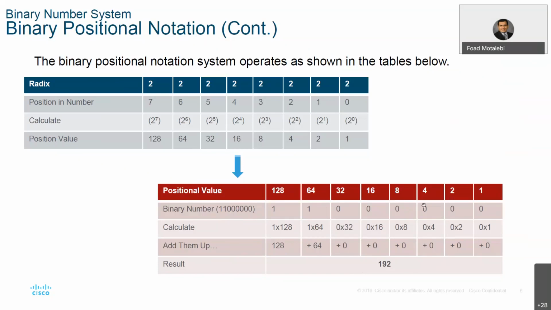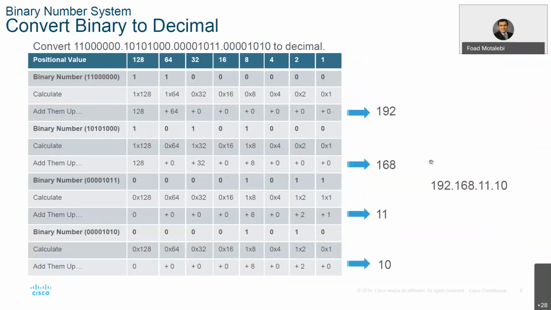So you can practice this. Okay. So if you want to convert, for example, this binary value IP address consisting of 4 octets, 1, 2, 3, 4 to decimal, here, that's how it's done. Put it in its position value and then do the conversion.